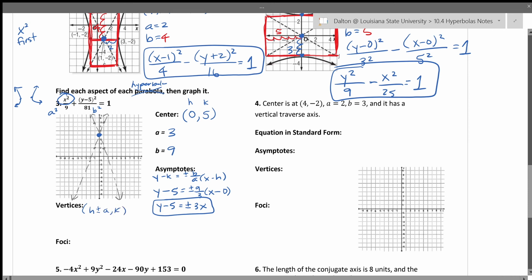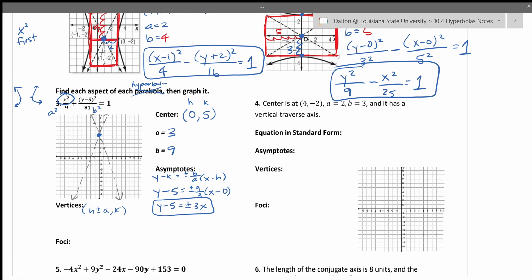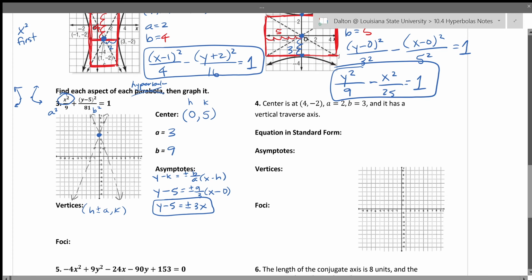So however you want to think about it, if you want to just visually say, oh, I know a is 3, so I'm going to go a distance of 3 in each direction, then you're good.